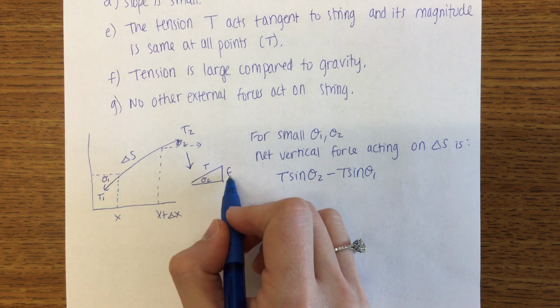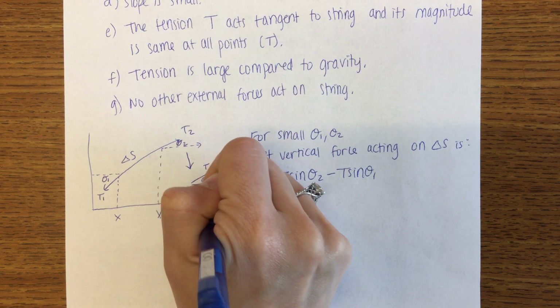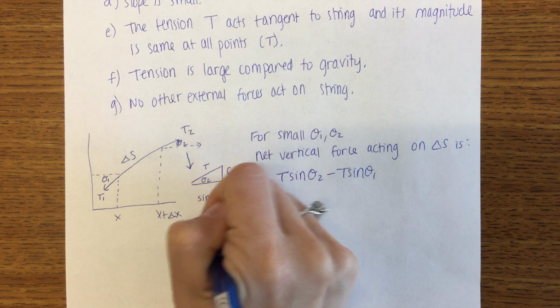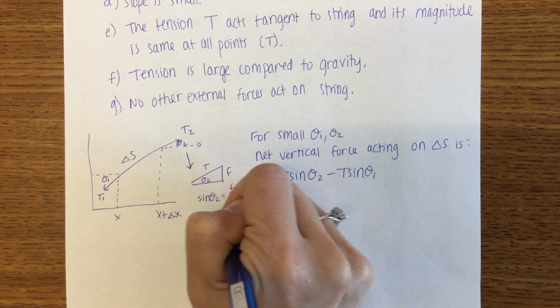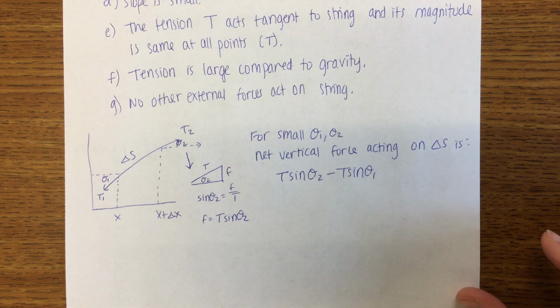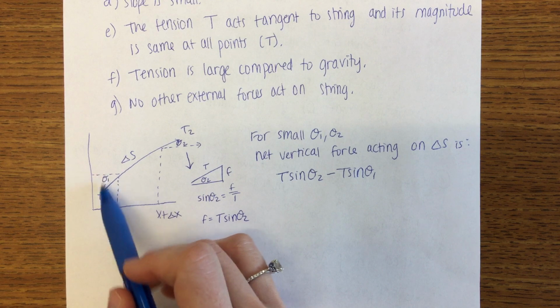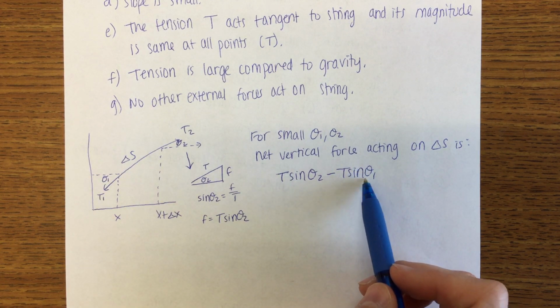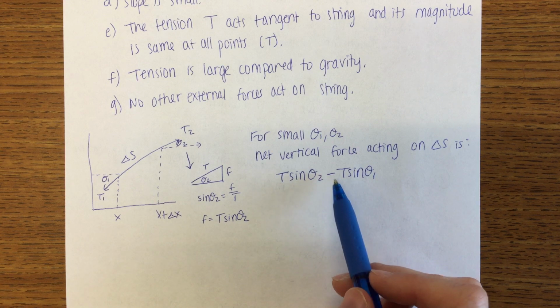Here, if I were solving for F, I would use sine. So I would get sine of theta 2 equals F over T. So if I'm looking for the force then, I get T sine of theta 2. So that's where these two come from. Because of this angle where we placed it, this quantity would end up being negative, which is why we multiply it by a negative to make it positive.